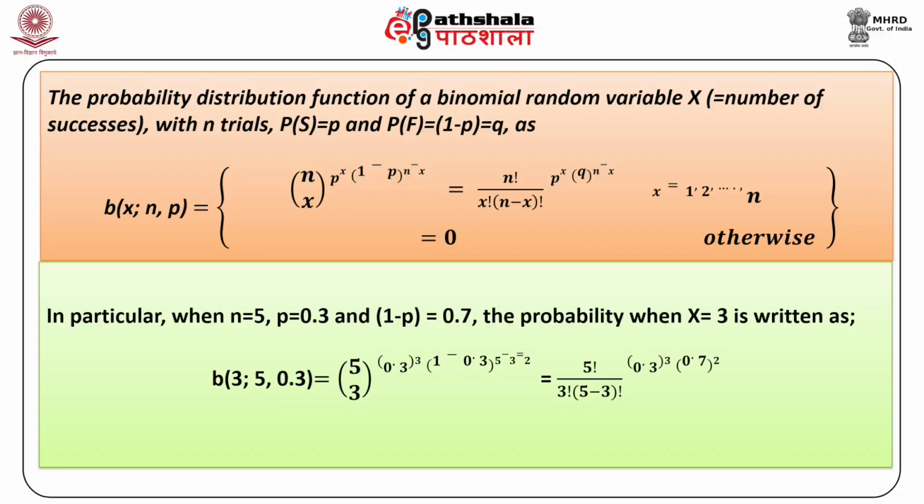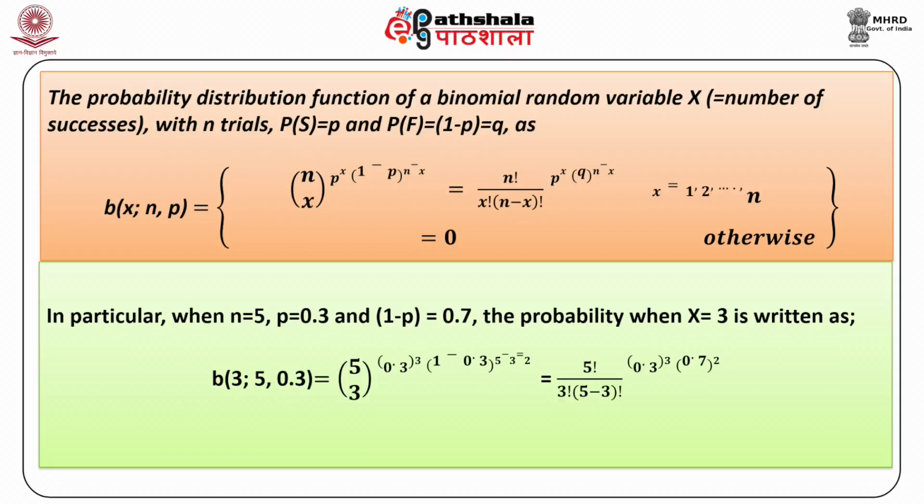For an experiment with n trials, binomial random variable x takes values 0, 1, 2, up to n, which means there are n plus 1 values that x can take. Further, since it is a probability function, the sum of the probabilities for all values that x can take should be equal to 1, which means we are saying that the summation over x from 0 to n of the binomial distribution b with variate x and parameters n and p must be equal to 1.